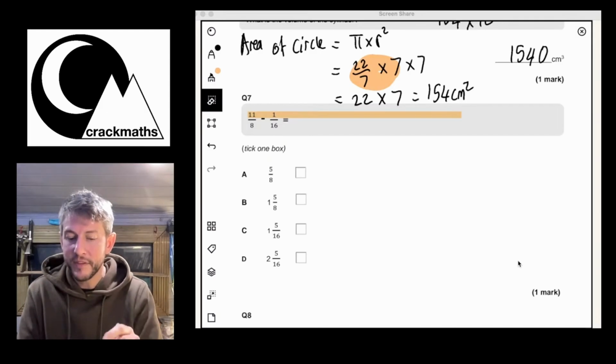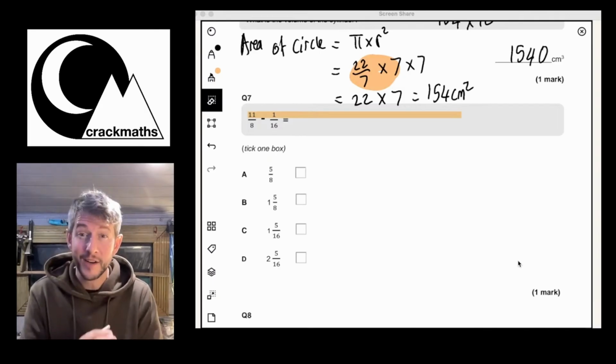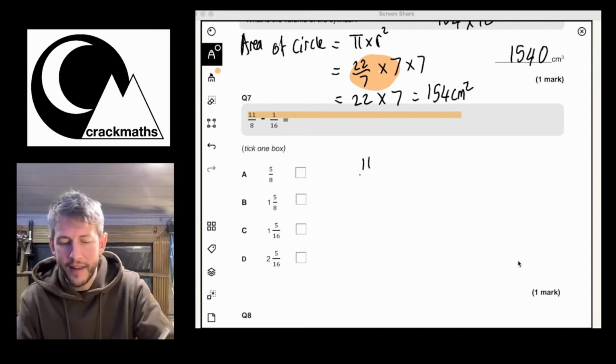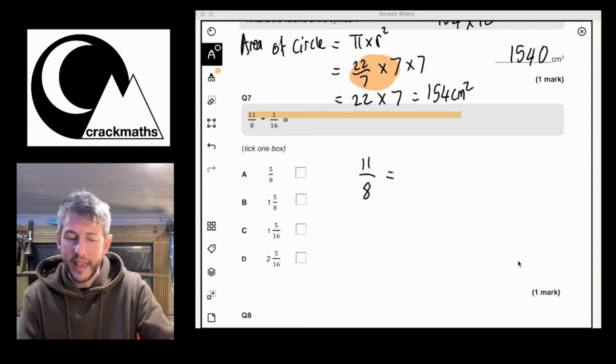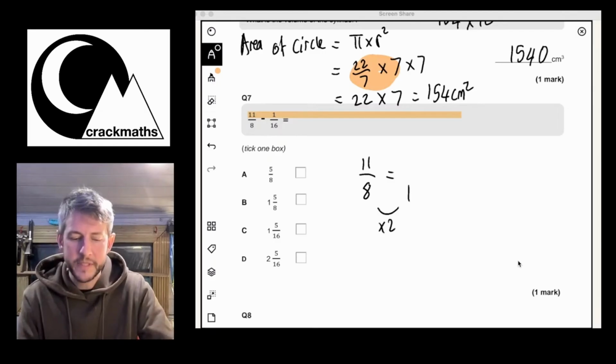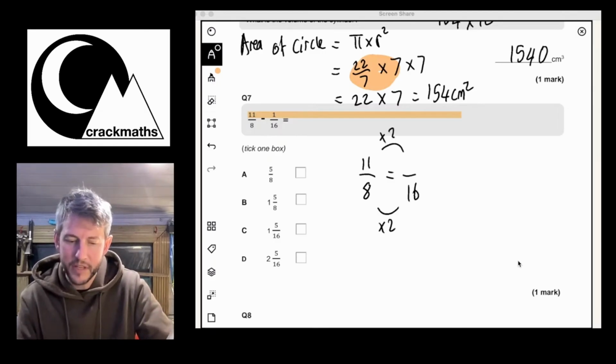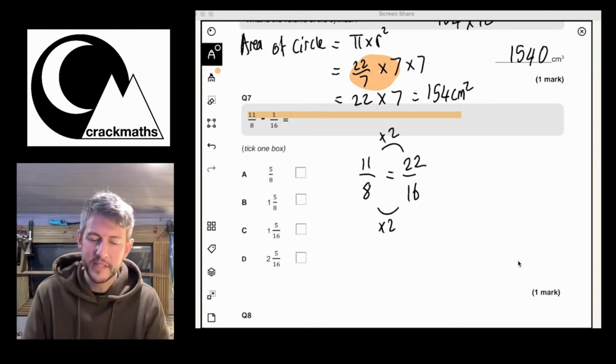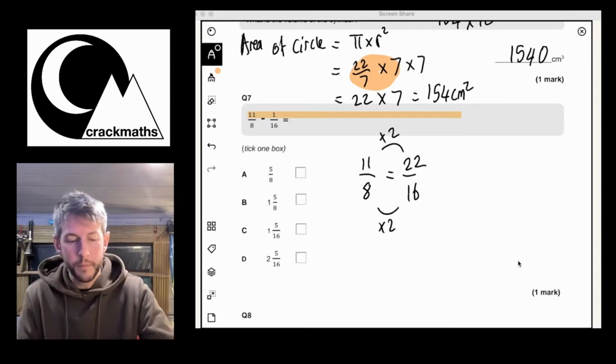So we're going to have to convert these fractions so they have the same denominator. I know that 8 simply doubles to become 16. So if I times 11 over 8 by 2 as well, I get 22 over 16.